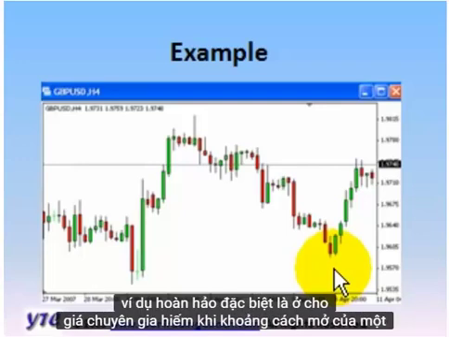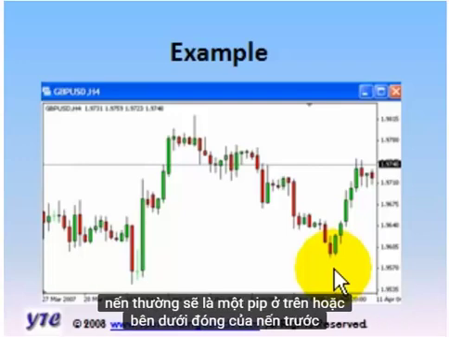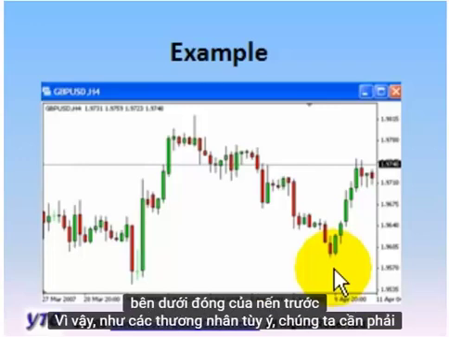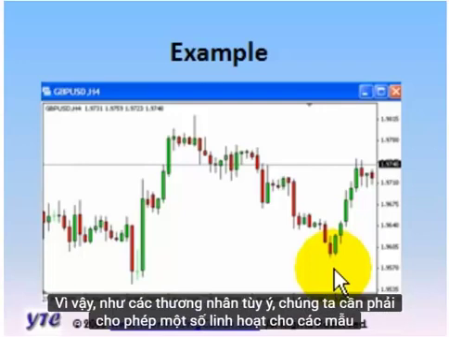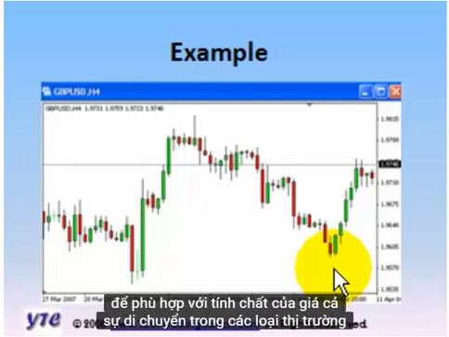The open of one candle will usually be 1 pip above or below the close of the previous candle. So, as discretionary traders, we need to allow some flexibility to the patterns to accommodate the nature of price movement in these types of markets.